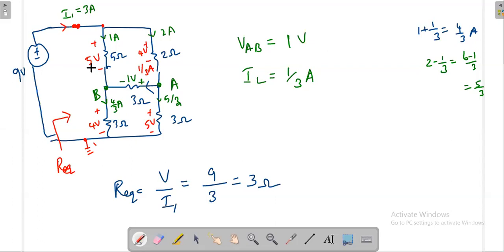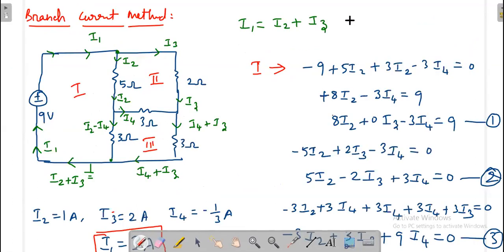Same problem I asked you to solve by delta to star conversion. Did you do it or not? Are you all on the line? Yes, sir. Did you try, or otherwise I will try. Sir, nobody tried, I think.